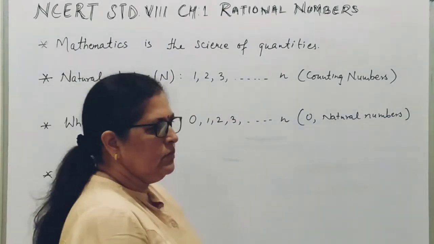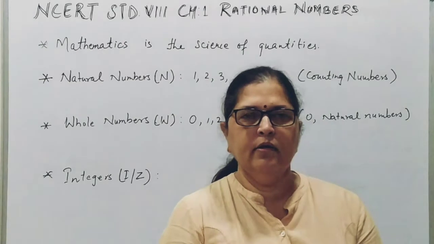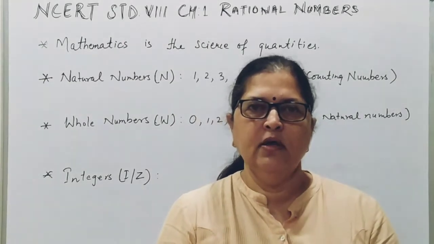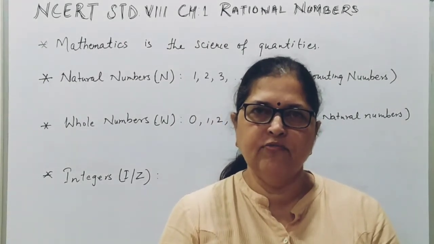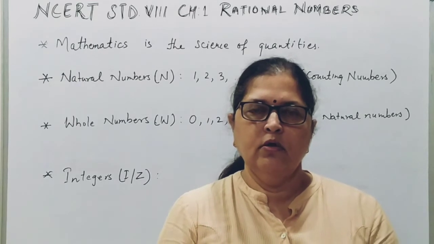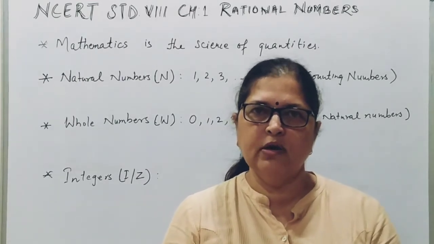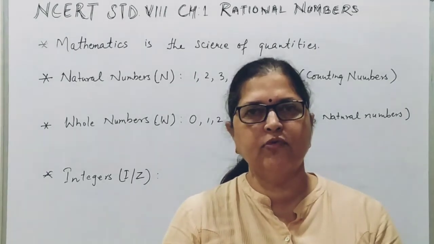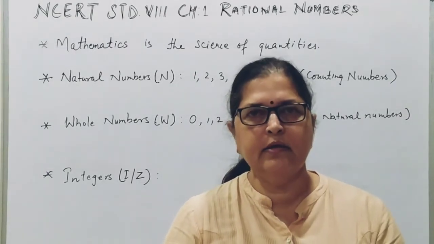Next, we find that there are situations where we need negative numbers also. So when we include negative numbers in the set of whole numbers, we get a new set of numbers that is known as integers.